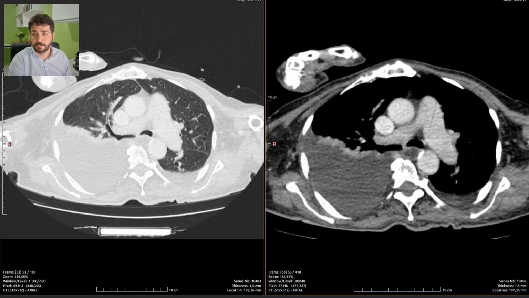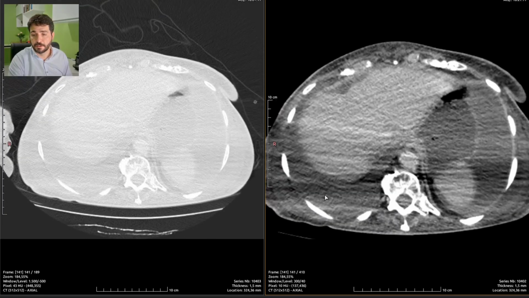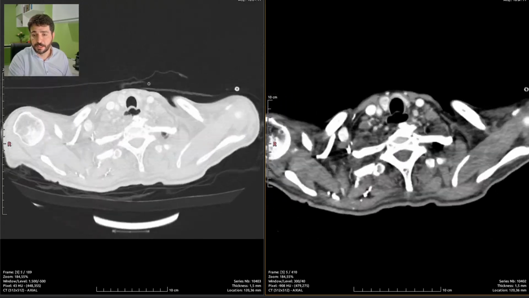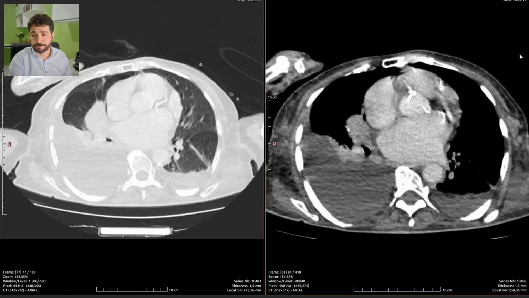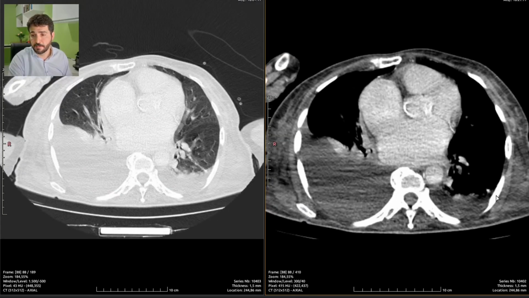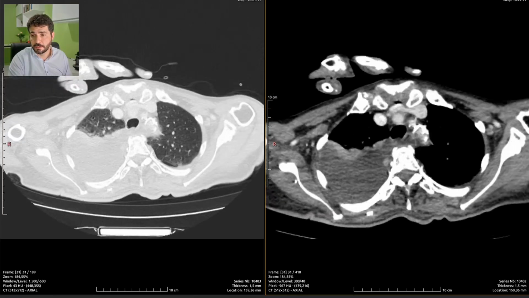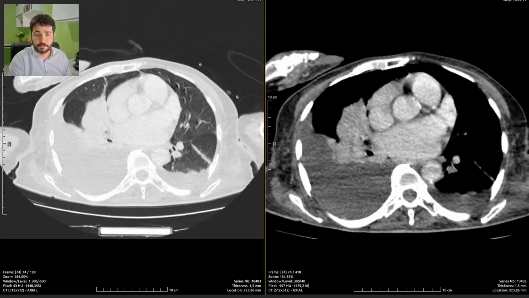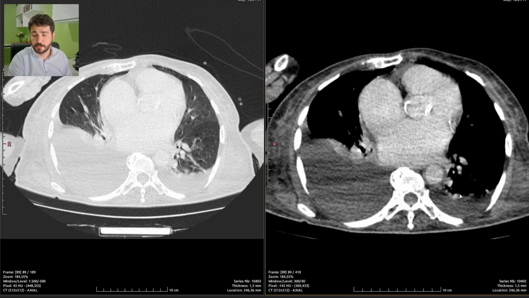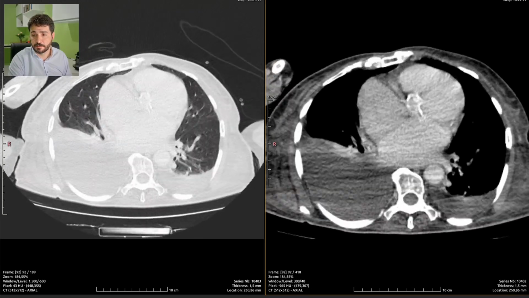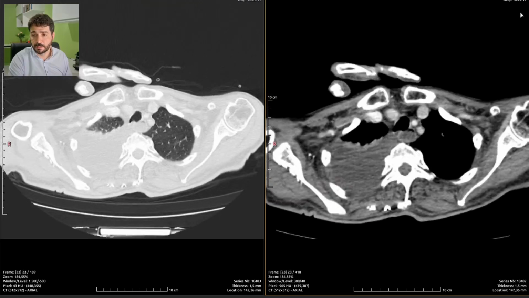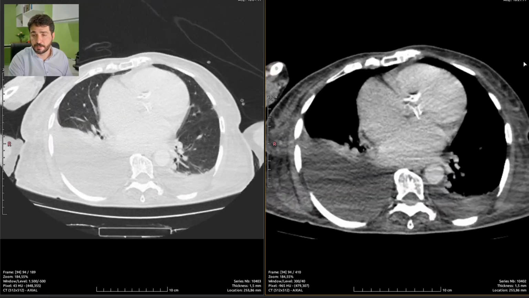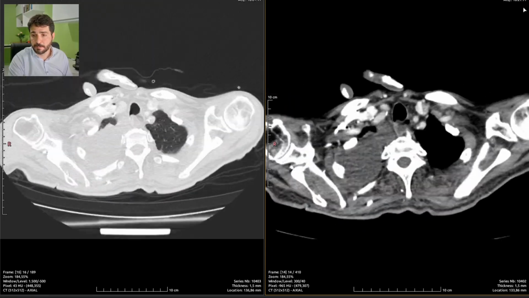So we have a large pleural effusion which seems homogeneous and free. And we have a moderate pleural effusion on the left, which also looks lenticular, so free, not loculated, not with signs of pleural thickening.